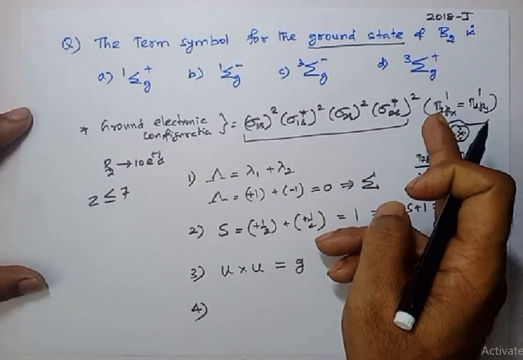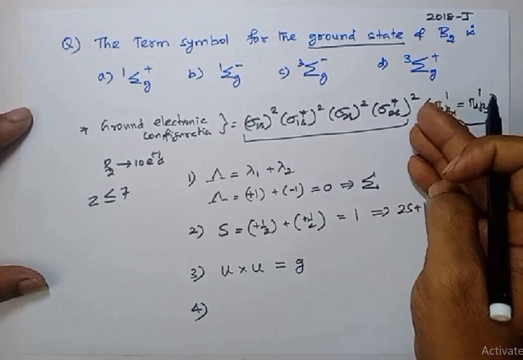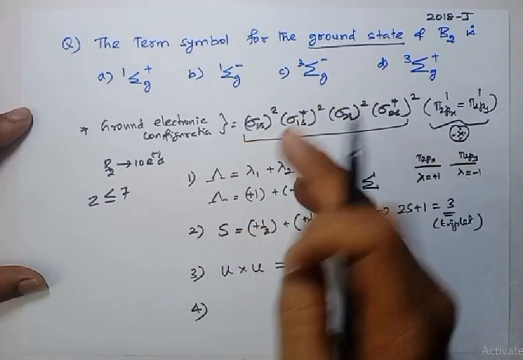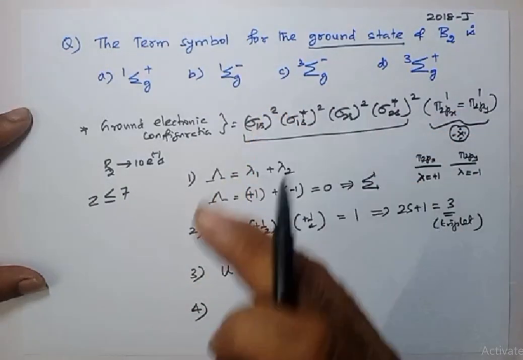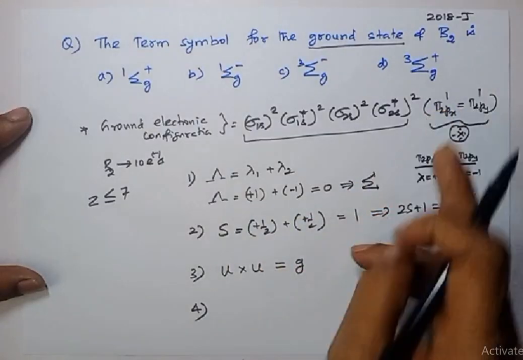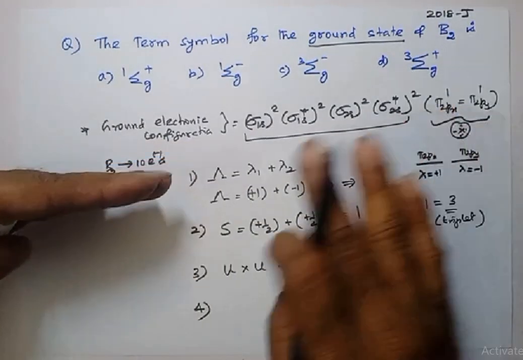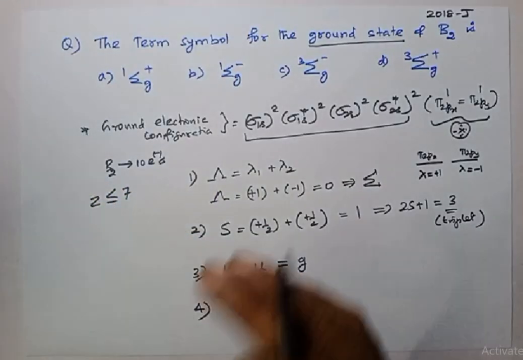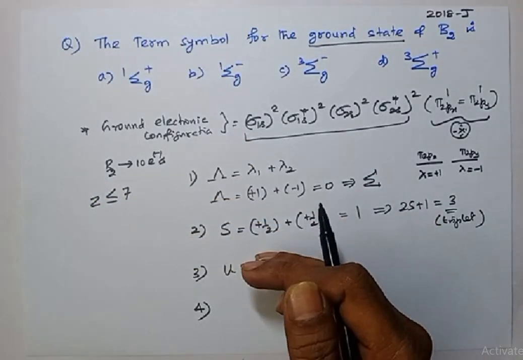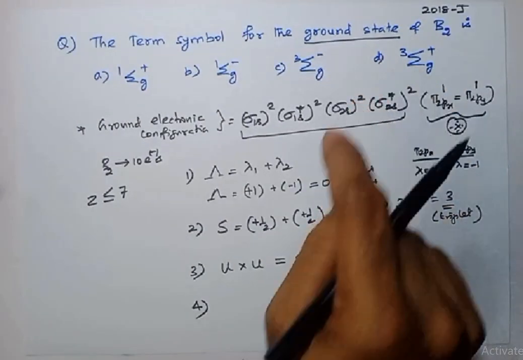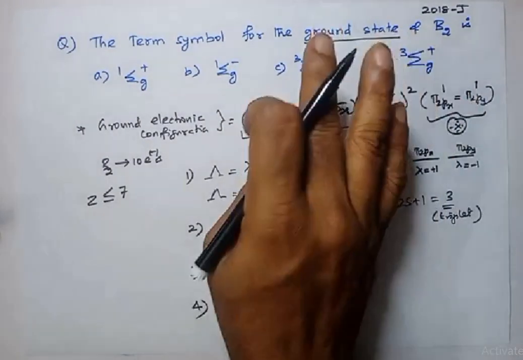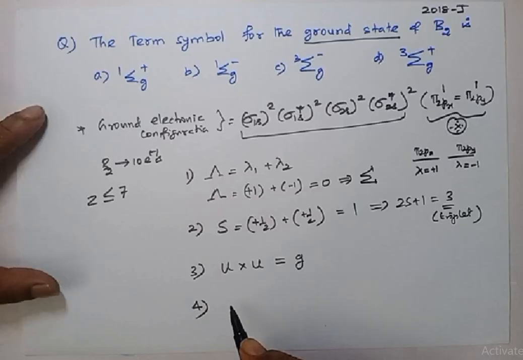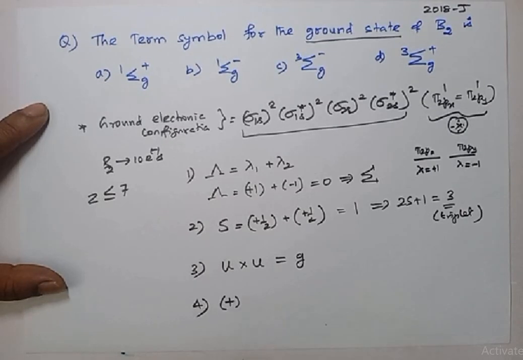Listen, pi 2px and pi 2py orbitals are present exactly perpendicular to each other. If pi 2px is present in one plane, then pi 2py is exactly perpendicular to that. Therefore, if you do reflection, one orbital will be symmetric, the other orbital will be anti-symmetric. For the symmetric one I put plus, for the anti-symmetric one I put minus.